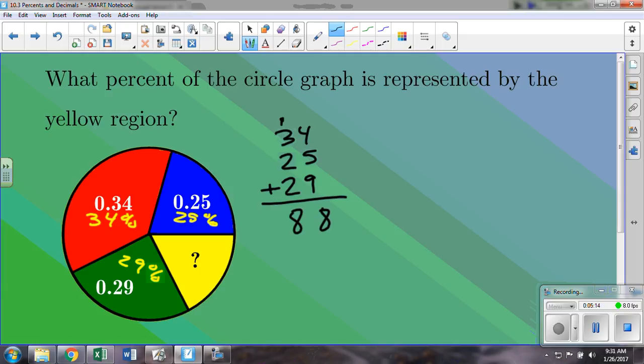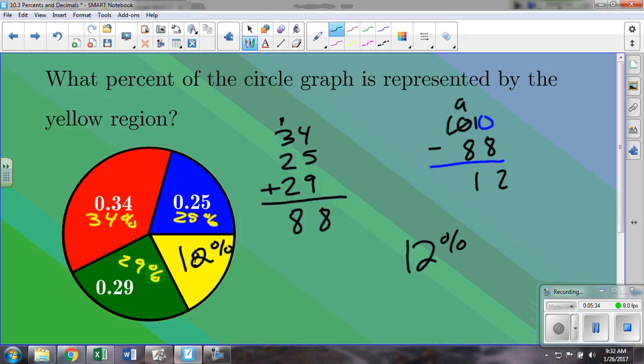One whole is 100%. So how much is left? Just subtracting off from 100, this would have to be 12%. So what percent is the yellow region? 12%. That's it, we're done.